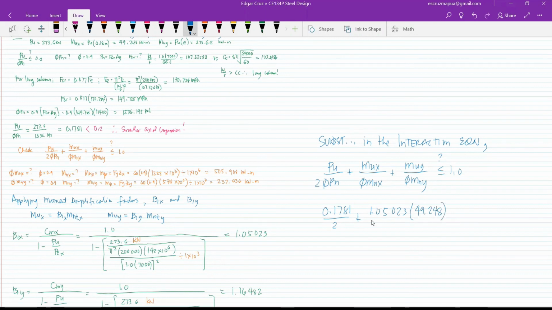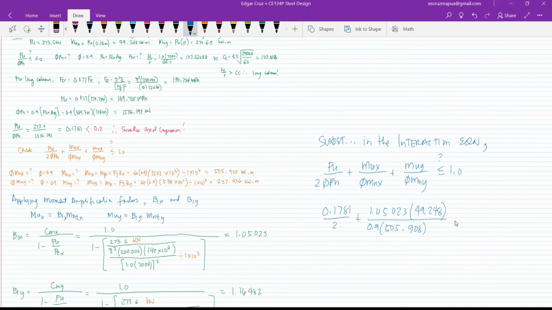Okay, so divided by phi MNX. Yung phi MNX natin is phi is 0.9. Yung MNX natin is this, yung 505.908. So check natin yung units. Diba yung 49 is kilonewton meter na siya. Tapos yung 505 kilonewton meter din. So consistent na siya. So maka-cancel lang yan. So it would just give us the ratio.